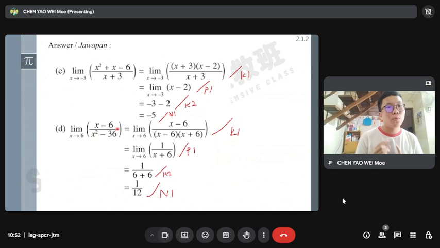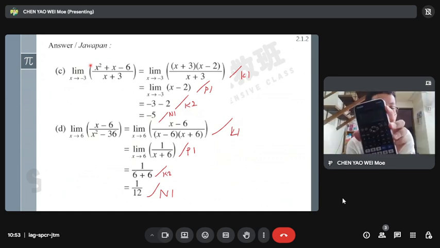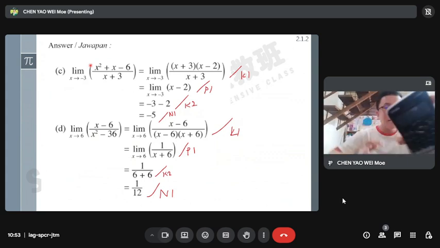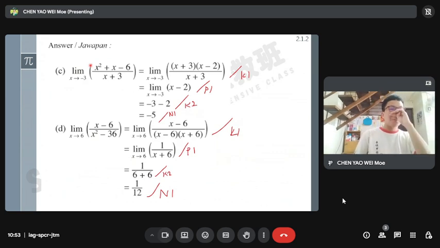When you substitute into the numerator and get 0 over 0, you can't do the question directly. So you do factorization to factor the numerator, and you can cancel out one of the expressions. Then you substitute x equals 3, and you get the answer negative 5.